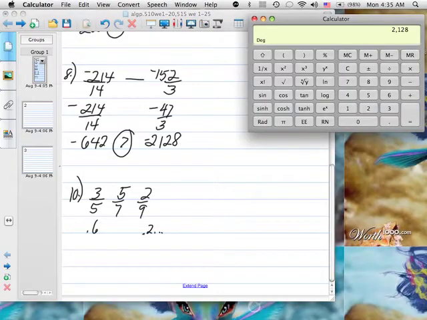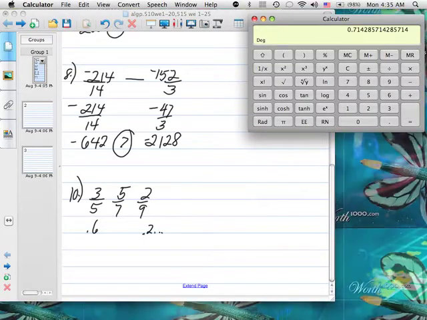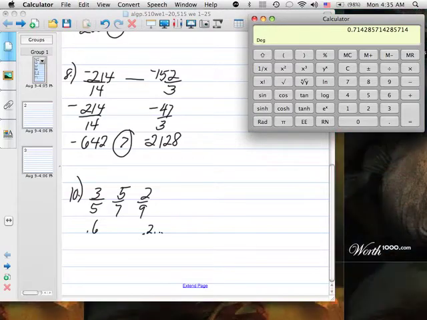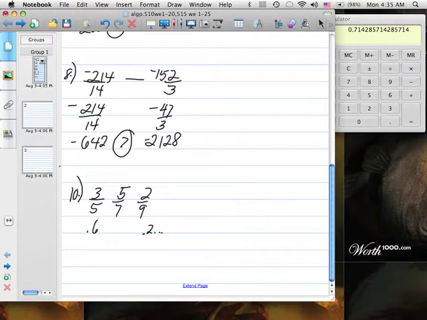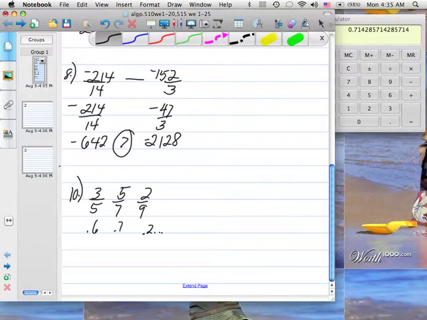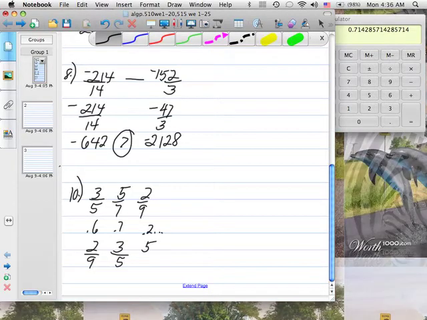And 5/7 is 0.7142, etc. It's a non-terminating repeating decimal. So we can put that down as 0.7. We just need an estimate. So the smallest is 2/9, then 3/5, and then 5/7.